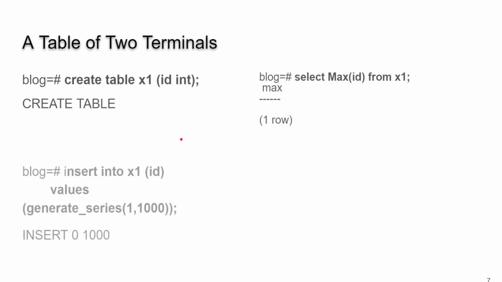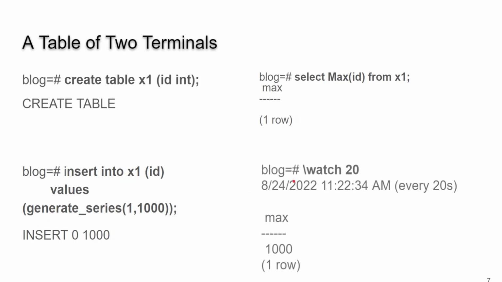Well, if we run another query on the first terminal and we insert 1,000 records, and then come back, do another select max ID from there, it comes back and tells us 1,000. Now, rather than typing this again and again, or up arrowing again and again, we can just type \watch 20. And every 20 seconds, it will go out there and rerun the last query.